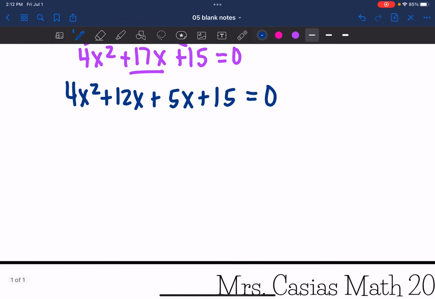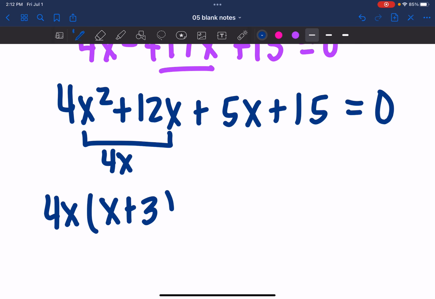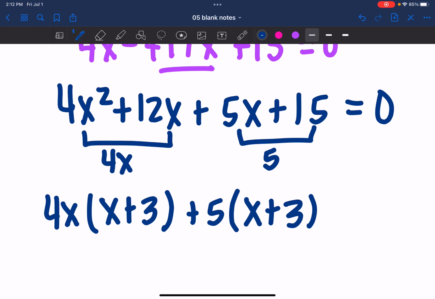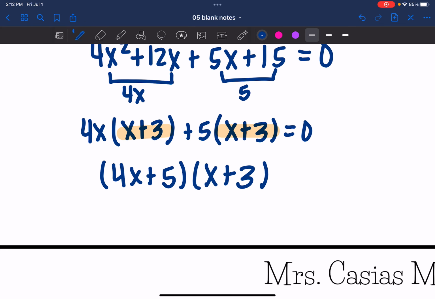Now I have four terms, so I can factor by grouping. The GCF of 4x squared plus 12x would be 4x. And then I'm left with x plus 3. And then the GCF of 5x plus 15 is 5. And I'm left with x plus 3. And then I have my common binomials that I can factor out. So my two binomials are 4x plus 5 and x plus 3.